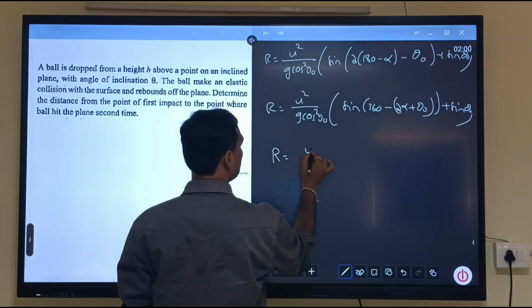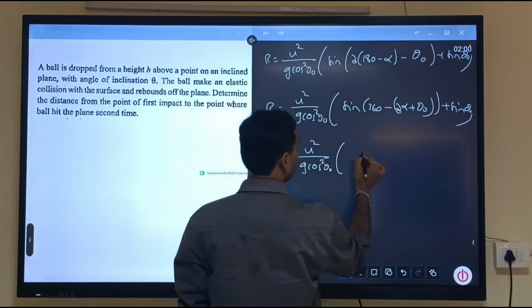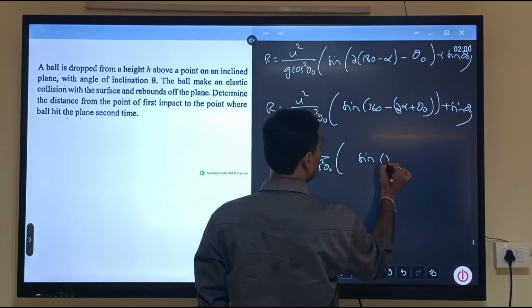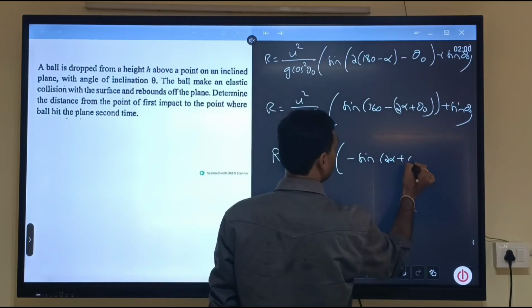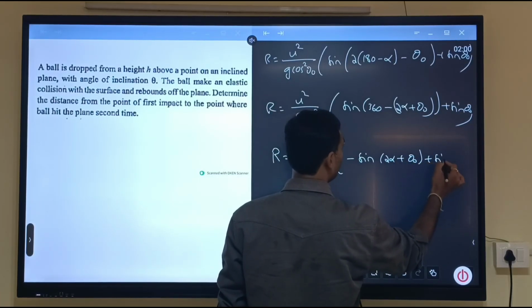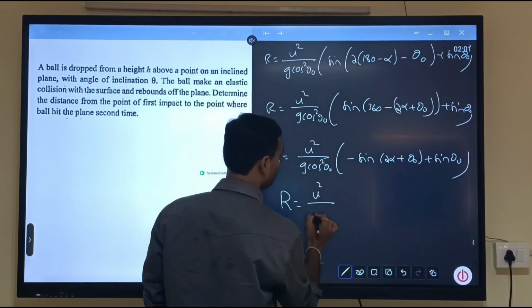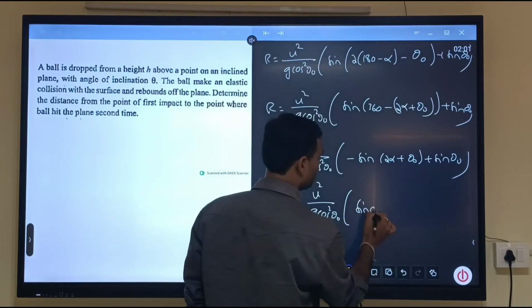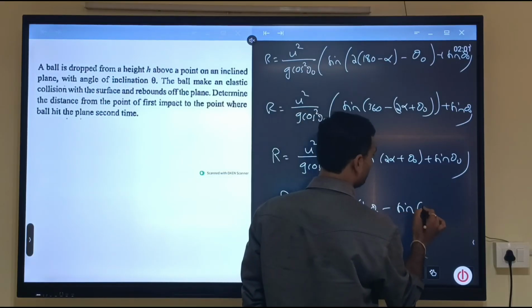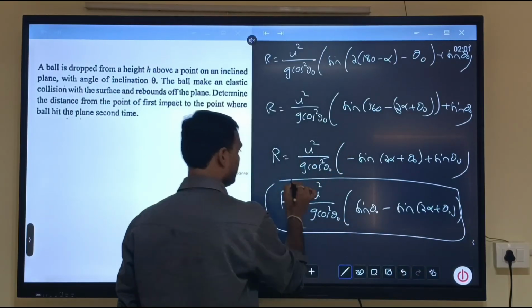Then R is equal to u square by g cos square theta naught, sin of minus 2 alpha plus theta naught, plus sin theta naught. Therefore, the equation is R equal to u square by g cos square theta naught, sin theta naught minus sin of 2 alpha plus theta naught. This is the equation.